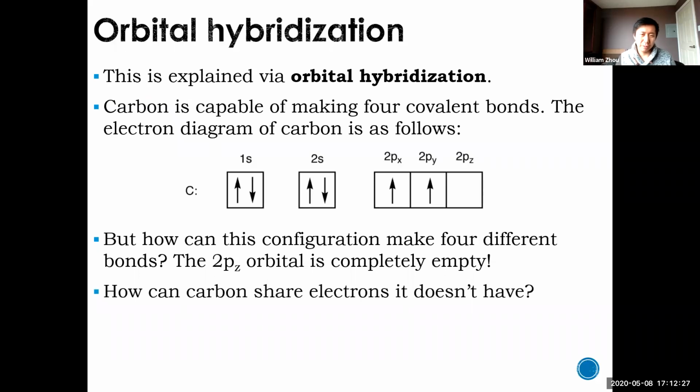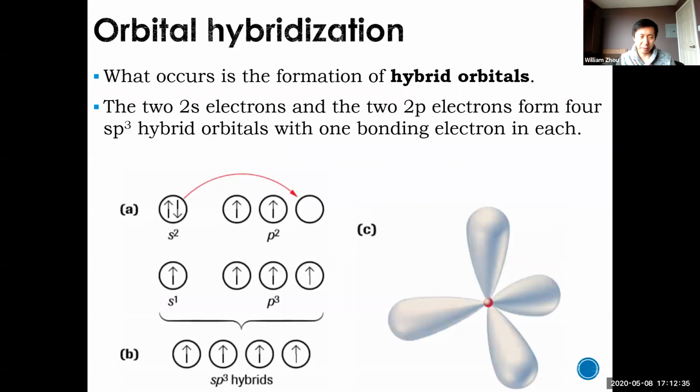So this is where you have orbital hybridization. Carbon will hybridize their orbitals in order to achieve this. How this works is, carbon will promote an electron from the s orbital into the empty p orbital. So instead of having s2p2, you would have s1p3.